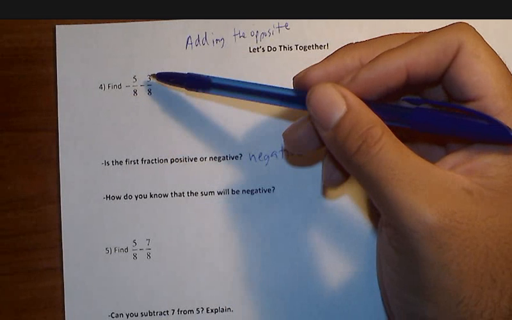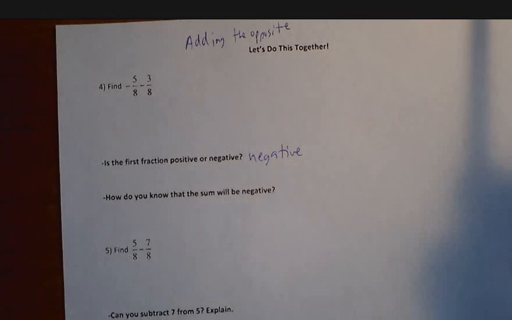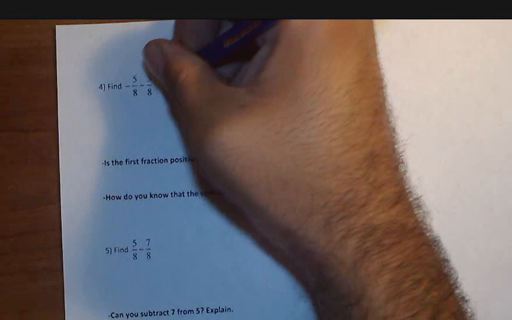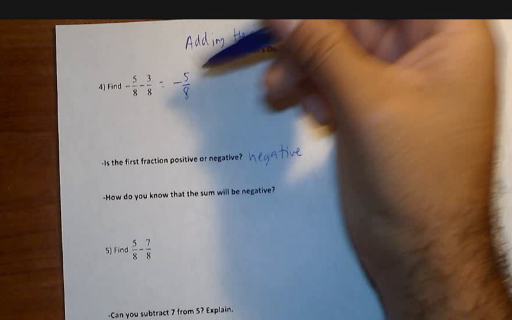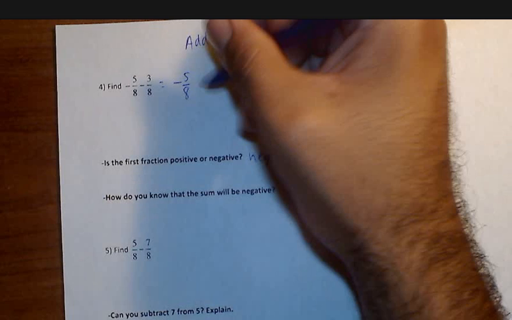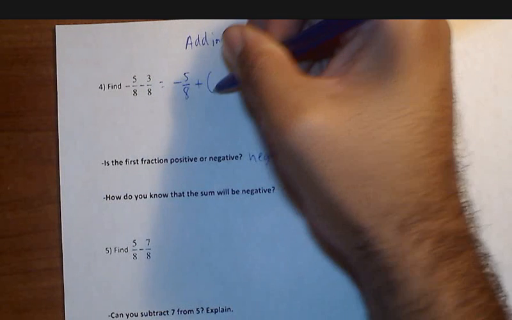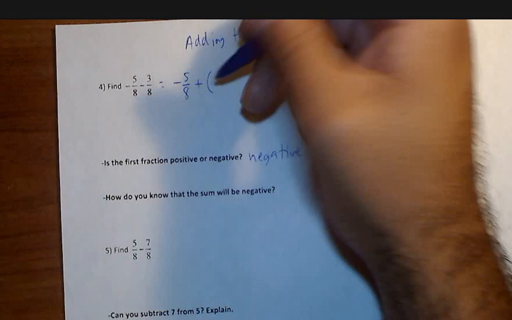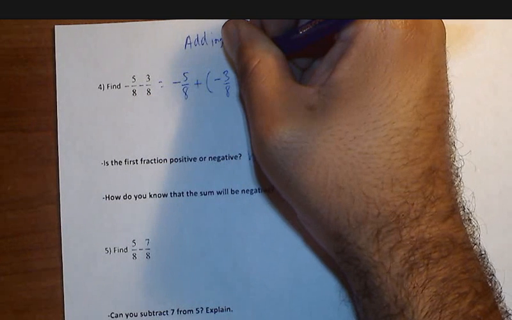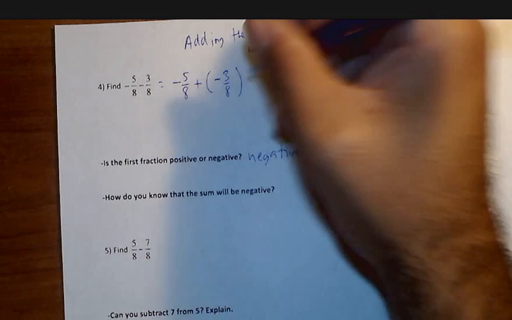Negative 5/8 stays the same. However, I add instead of subtracting, and I take the opposite of positive 3/8 and make it negative 3/8. Now, this problem becomes exactly what we were doing in the previous problems. It's pretty easy.